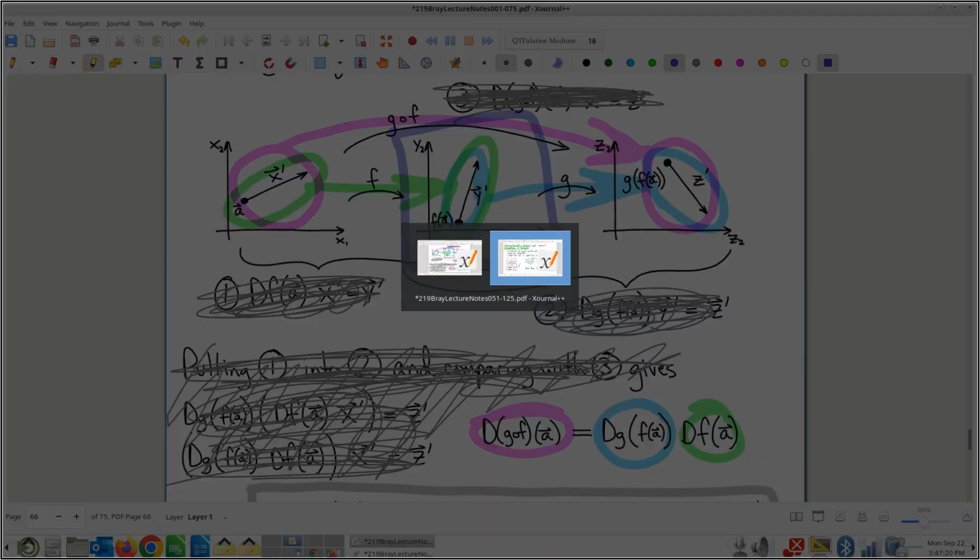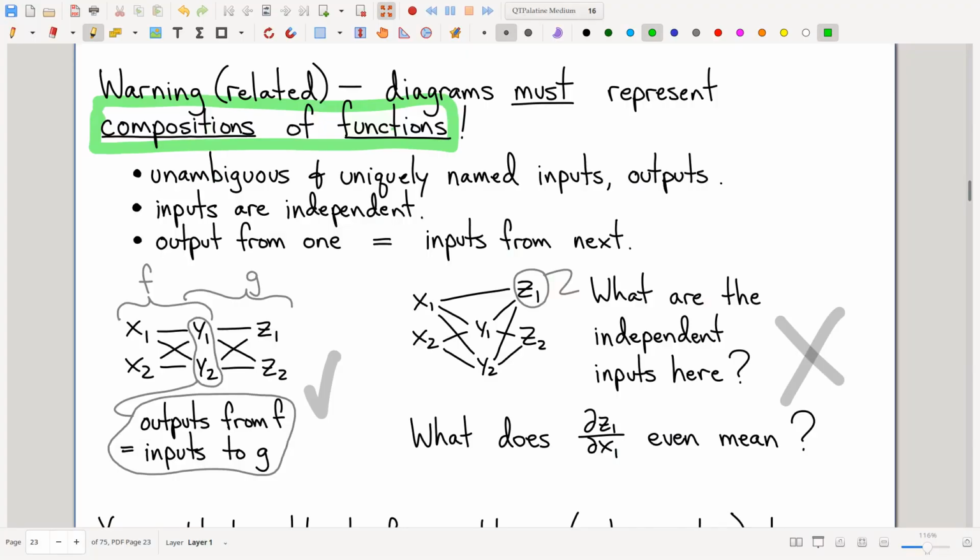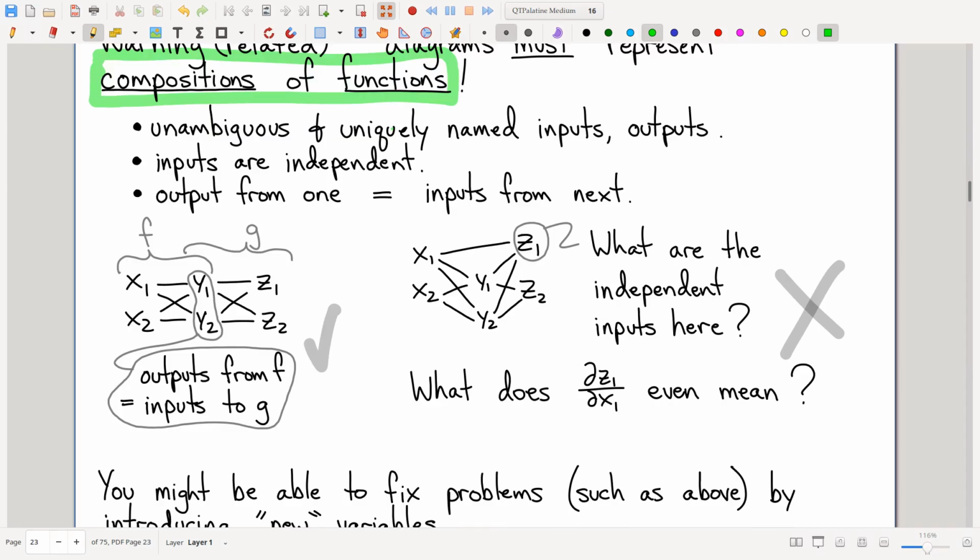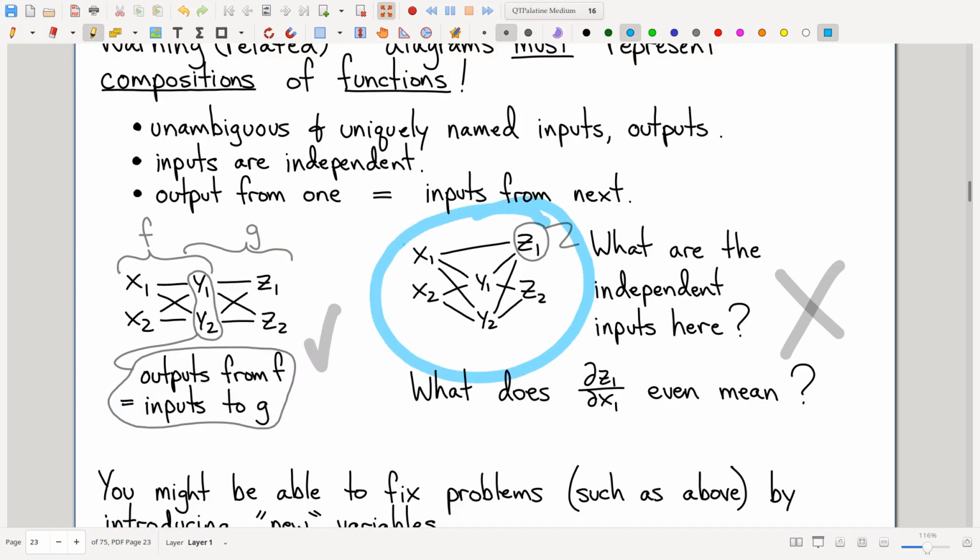So, yes, it is true that when you have a composition of functions, you can write a corresponding diagram. I'm a big fan. It is not true that every diagram represents a composition of functions. So here's a nice example of a diagram which does not represent a composition of functions in the sense that I just described previously.